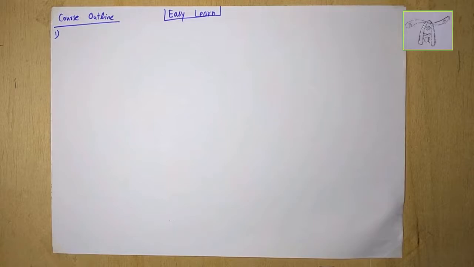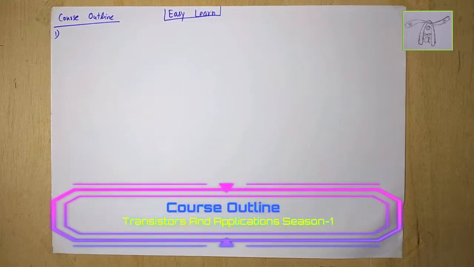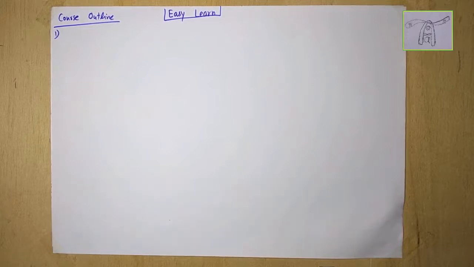These are the topics that we will cover in this course. I recommend that if you didn't watch our series Diode and Applications, season 1 and season 2, available on this channel, first visit and watch those, because they are the basic series, and you will understand this transistor series after learning the basics.